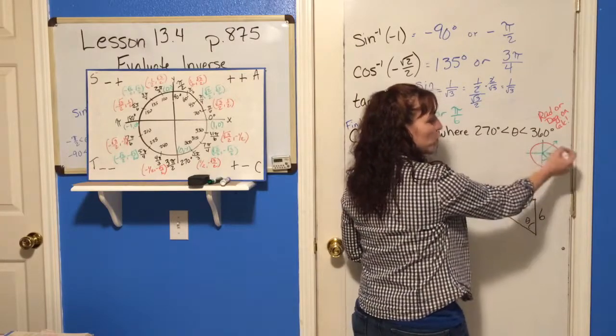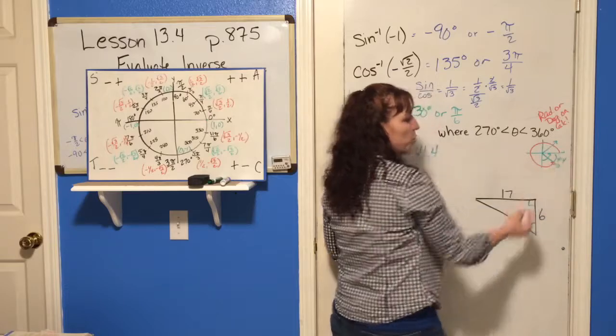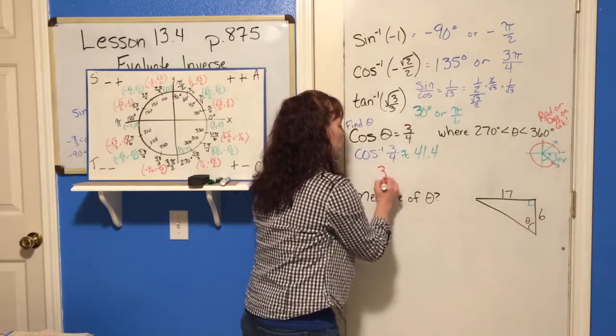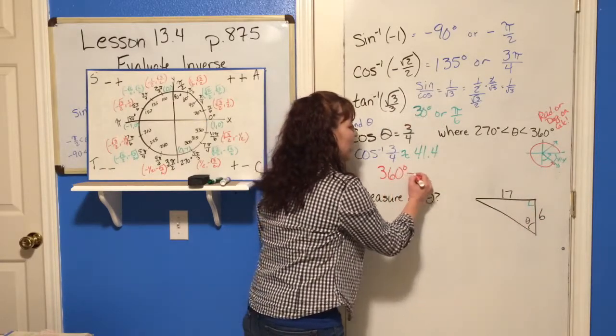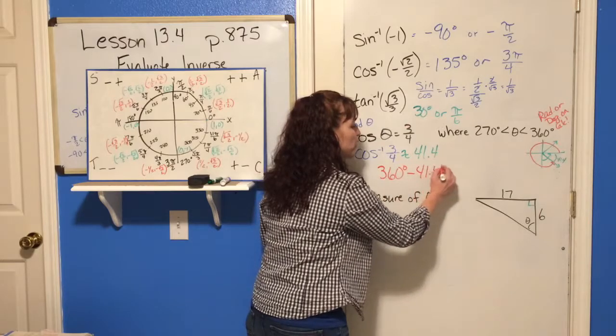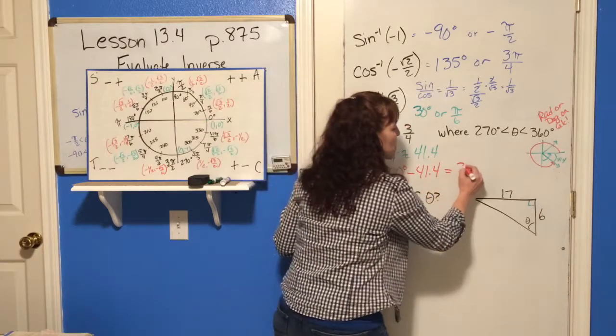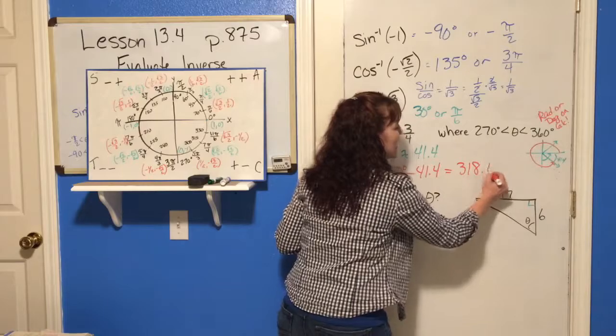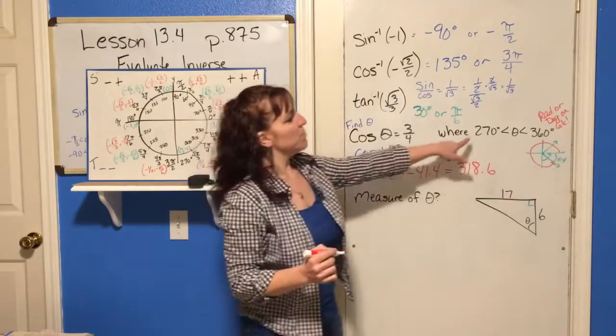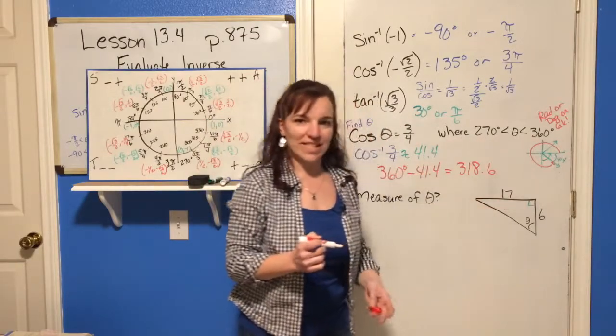So if we take the whole circle, which is 360 degrees, and subtract 41.4, that gives us 318.6, which is between 270 degrees and 360 degrees.